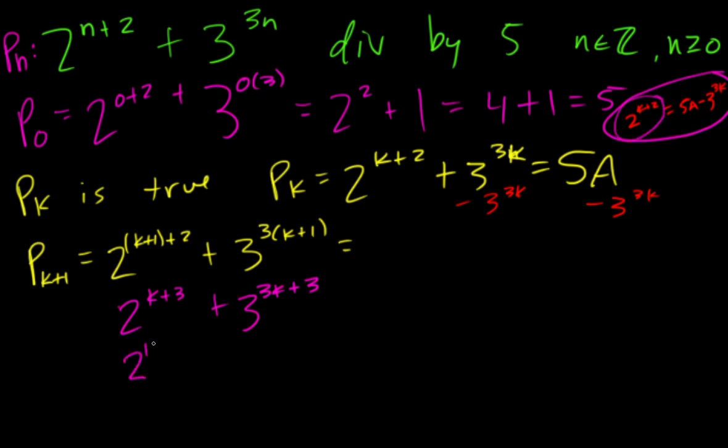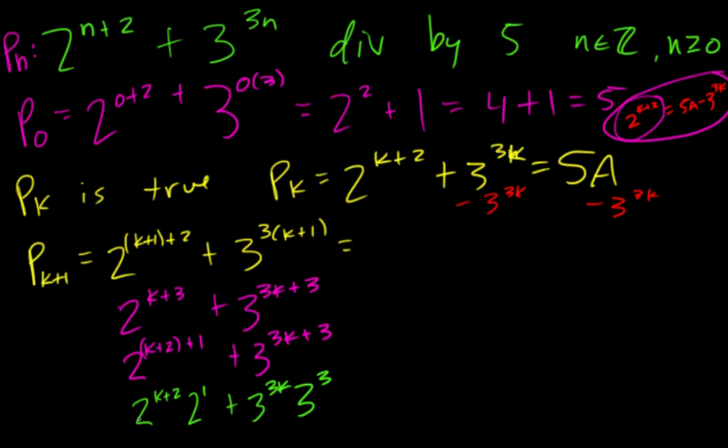So I'm going to write it as 2 to the k plus 2 plus 1, times 2 to the 1, plus 3 to the 3k times 3 to the 3. So we're just doing kind of the reverse of our exponent rule.